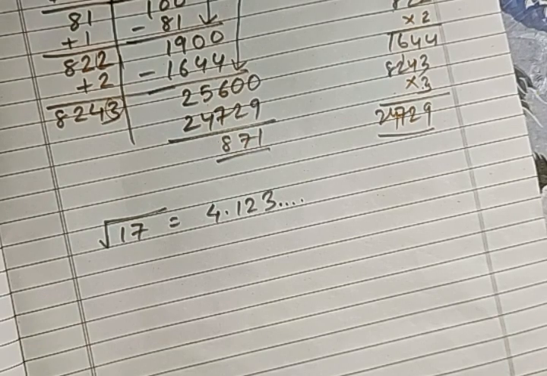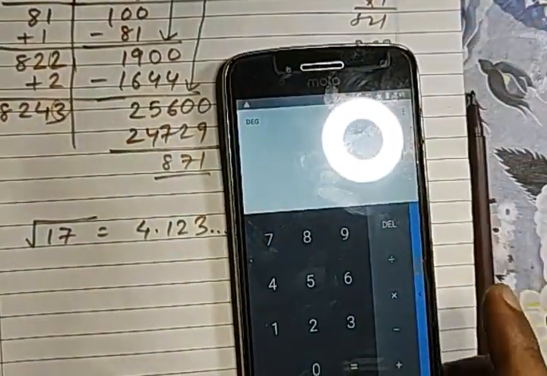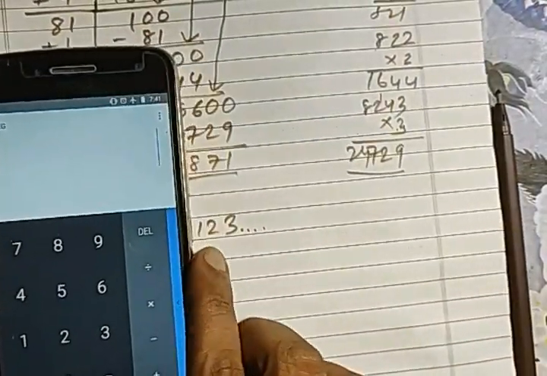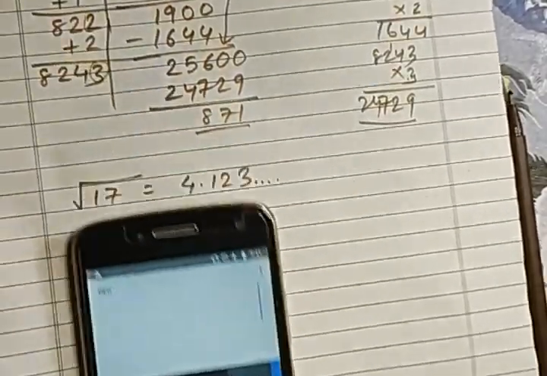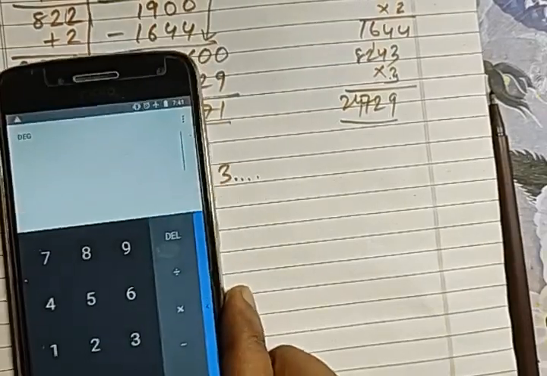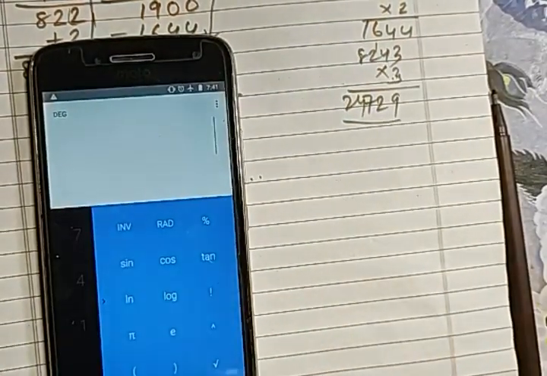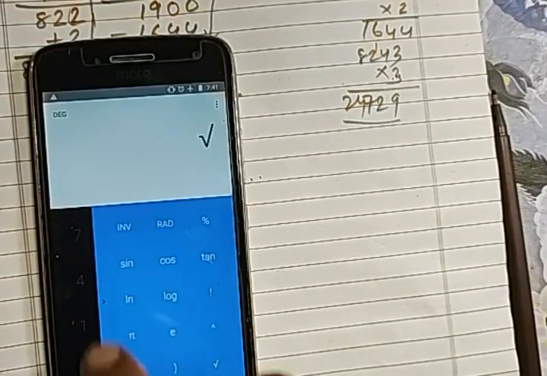To verify, let me show you the calculator. As you can see over here, let us check the root of 17. This is the symbol for root.